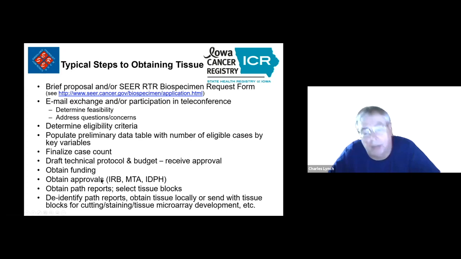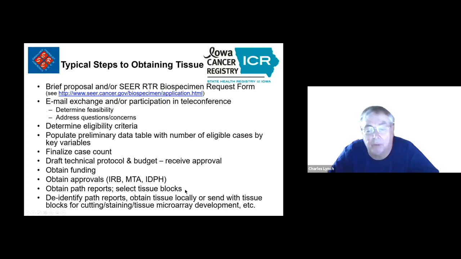And after that, there needs to be approvals, IRB. If we're going to be transferring material to the other institution, we need a material transfer agreement that's required by sponsored programs at the University of Iowa. And the Iowa Department of Public Health, if you want cause of death, you have to get approval from them as well for the release of that information. Typically then what you'll get from us is the tissue that you requested from the blocks, and you'll get a de-identified path report that goes with those.